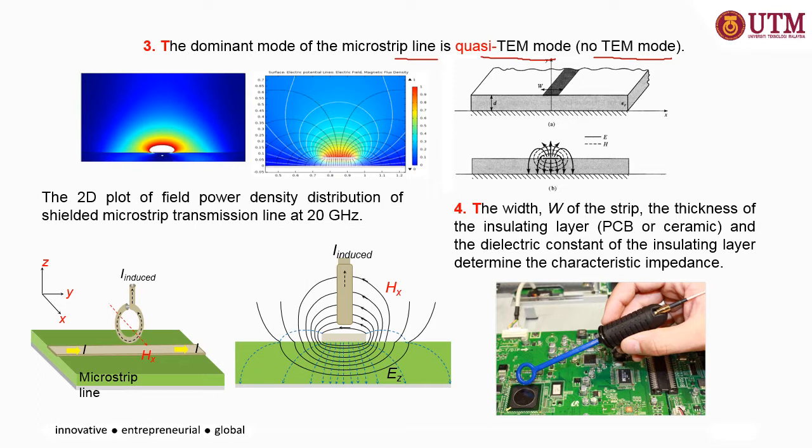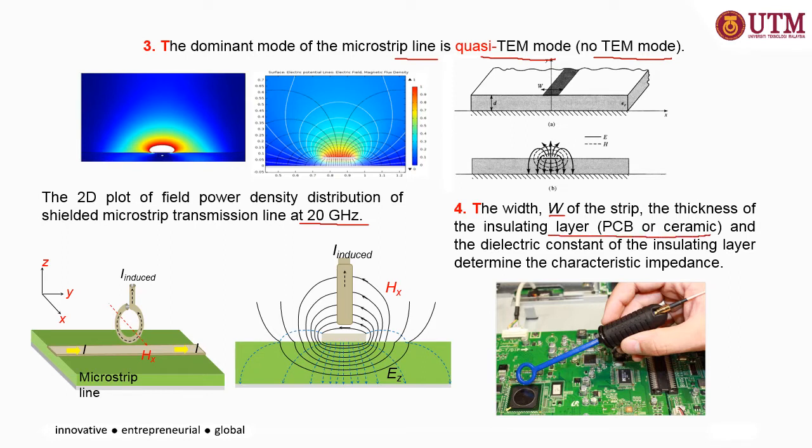The figures show the 2D plot of field power density distribution of a shielded microwave transmission line at 20 GHz, and the size of the structure, in terms of the width of the strip and the thickness of the insulating layer, PCB or ceramic.